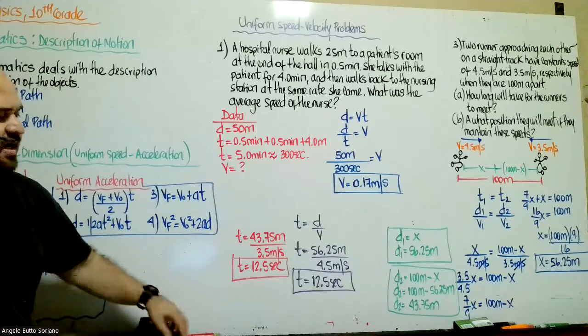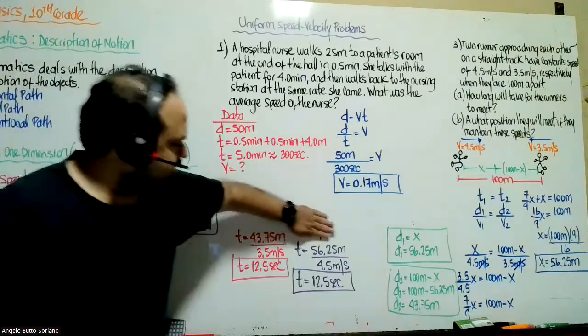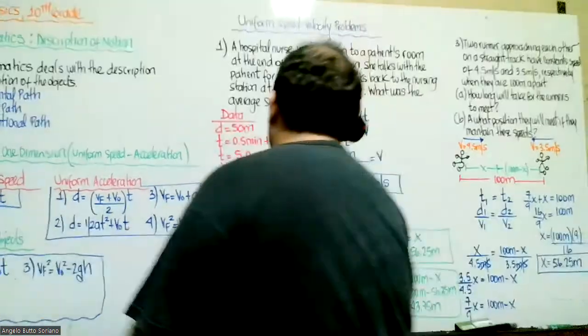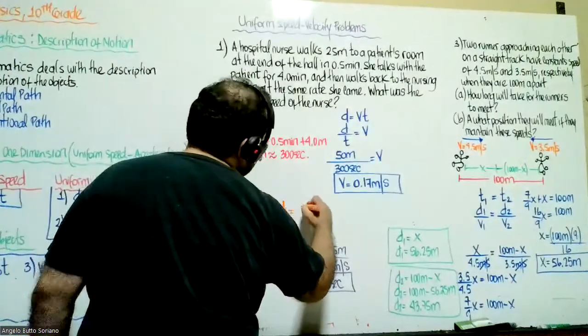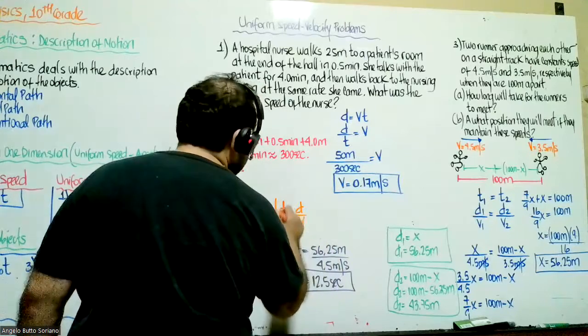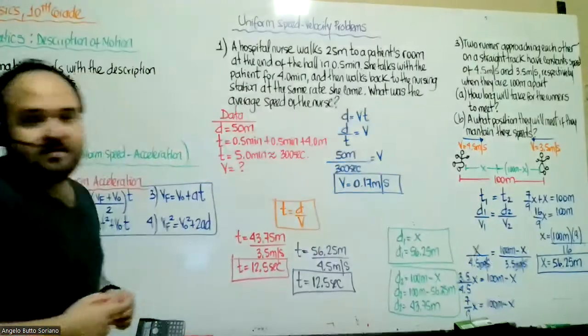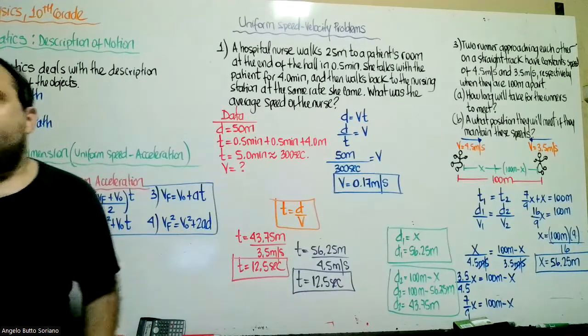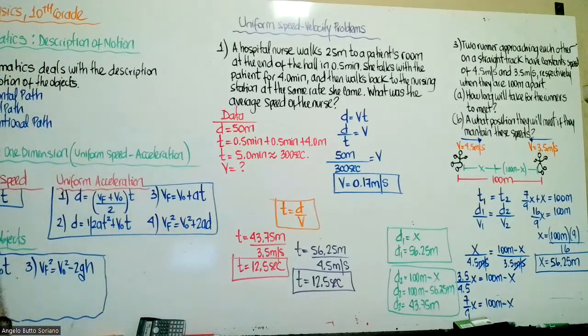Because this is what the problem means: at what period of time will both runners meet? I'm going to erase this one and copy the general formula over here. t equals d over v. So we are proving the first runner moves a distance of 56.25 meters, moving at 4.5 meters per second, and meets the second runner in 12.5 seconds.